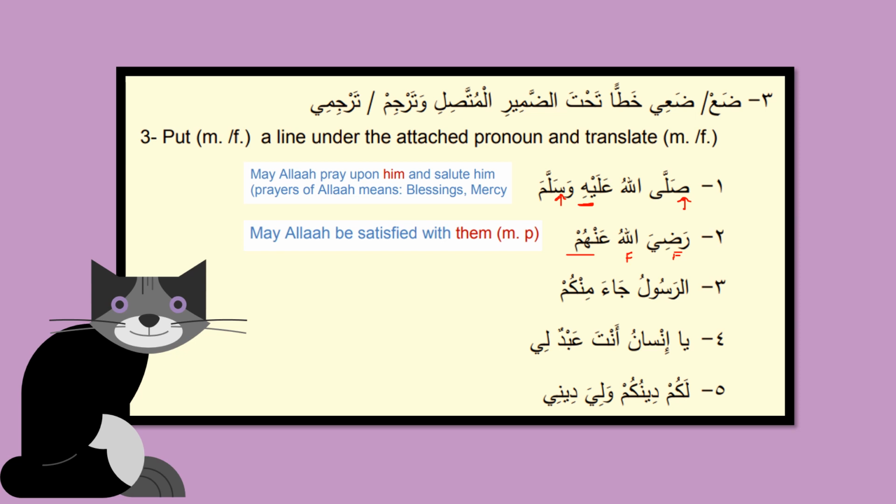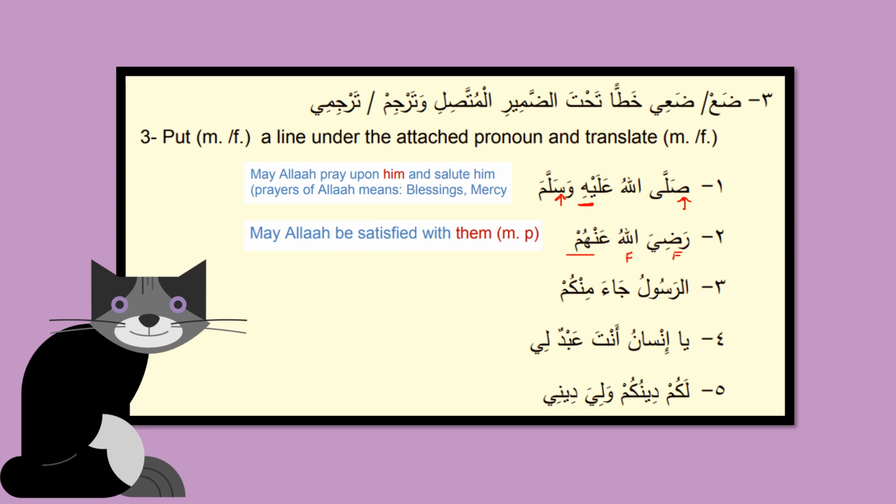Ar-Rasulu ja'a minkum. So actually this is a sentence. Sometimes you may see the file before a fail, but that is not the correct way. Since we are all beginners studying the Arabic language, we should stick to the formula fail plus file. And sometimes you may see a file coming before it, so just don't get confused that it can never happen.